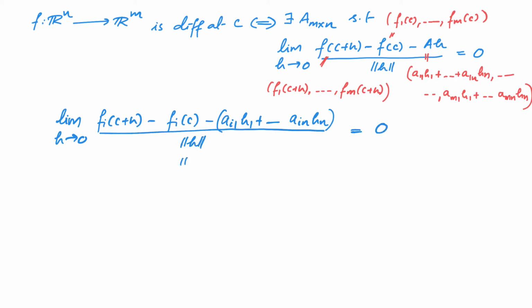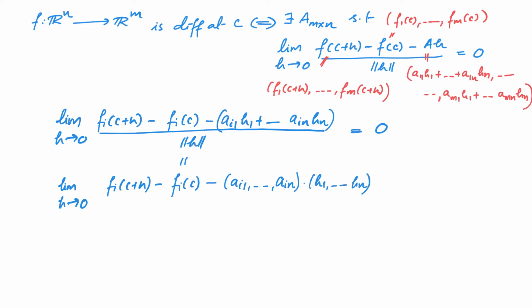But notice that ai1 h1 plus ai2 h2 plus etc. up to ain hn can be rewritten as the dot product of (ai1, ai2, etc. up to ain) with (h1, h2, etc. up to hn). Therefore, we can rewrite this limit in this form. And notice that this limit is also equal to 0. But this is now in a familiar form.